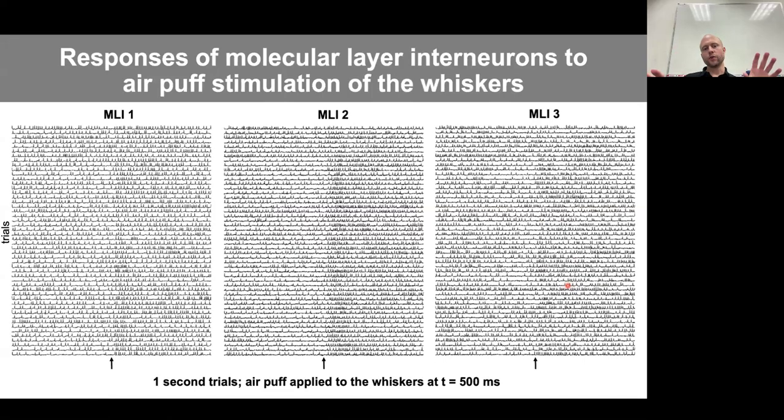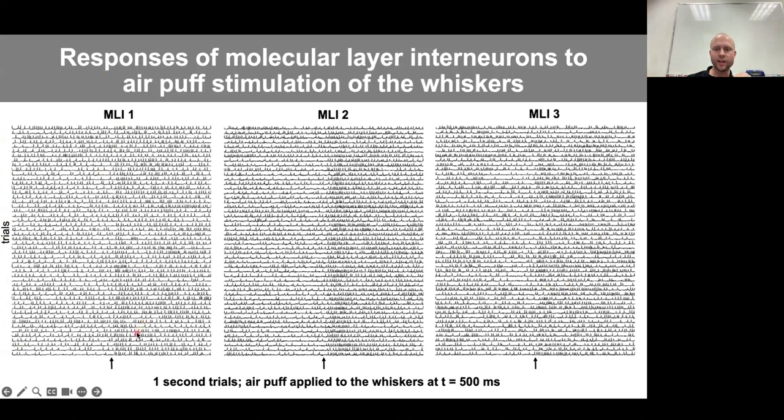Okay. And so as I had done before, I wanted to see how these cells responded to sensory inputs given to the whisker pad of mice. What I'm showing you here is 3 simultaneously recorded MLIs recorded across about 50 trials, although there are 100 trials in each one of these recordings. I'm just not showing them all.